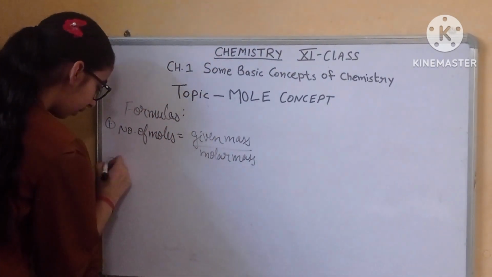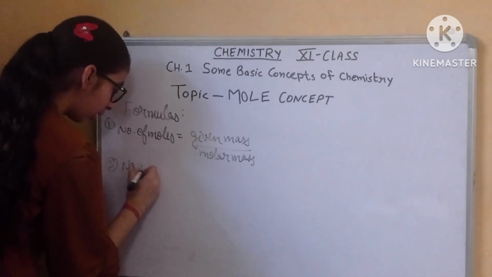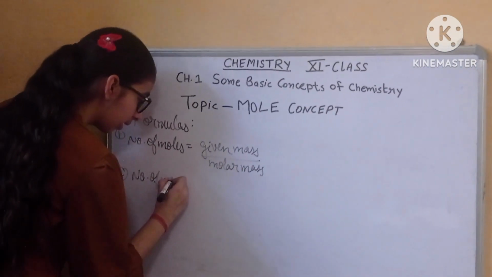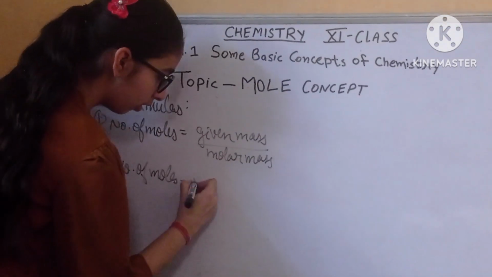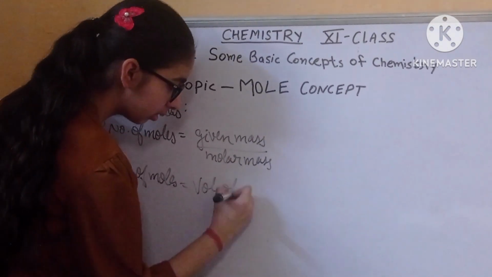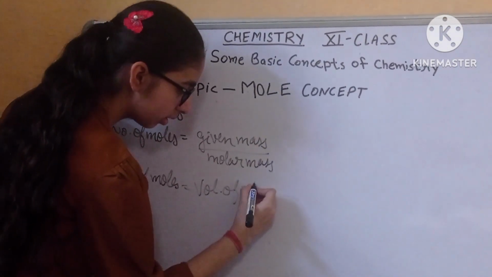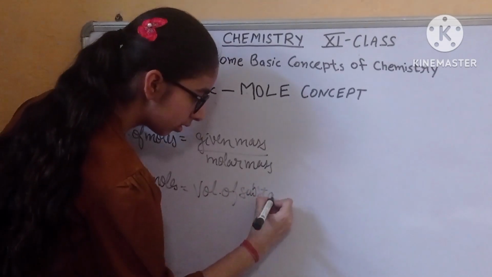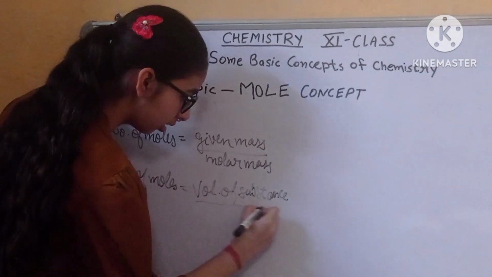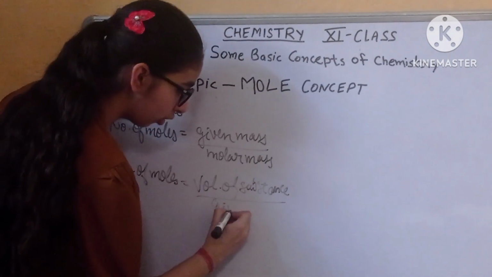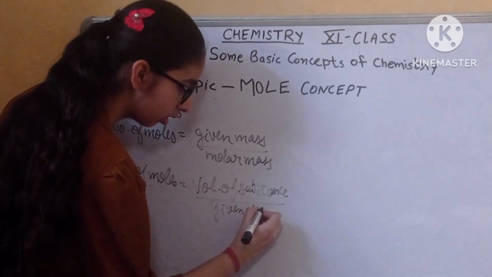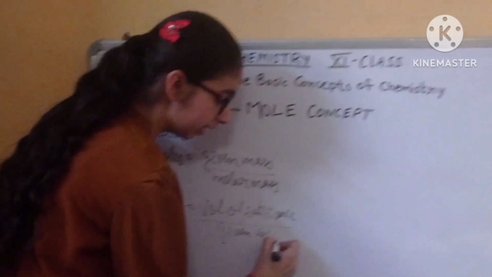Second, number of moles is equal to volume of substance upon given volume. Volume at STP we have to write.